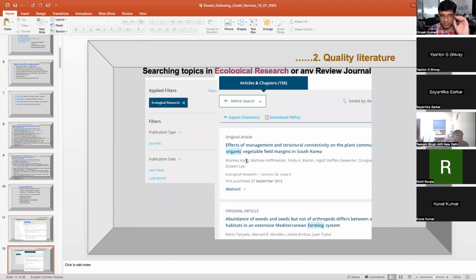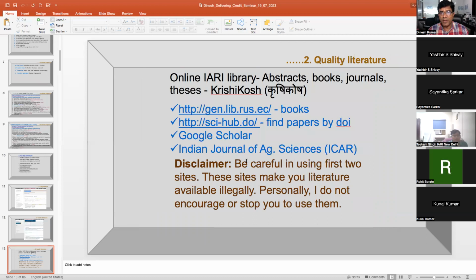Now, there are many more review journals where you can search, and these are some free resources. Like you might be knowing this ICAR system, we have Krishi course, and there you can see some theses also, some literature and books, journals, etc. This is the most important site, that is jan.lib.rus.ec.